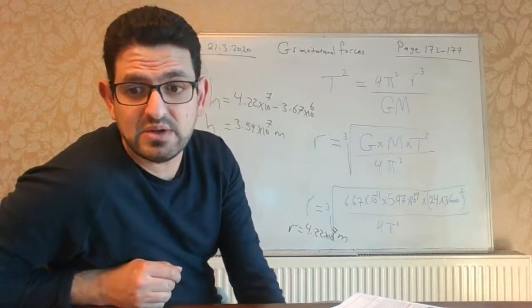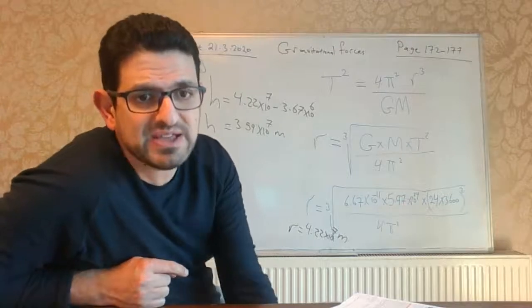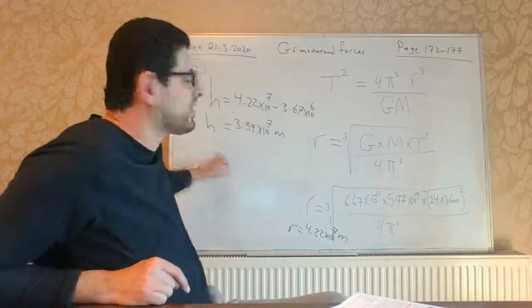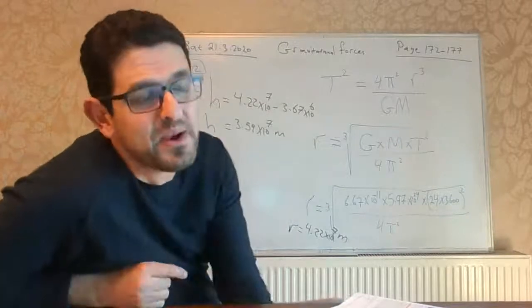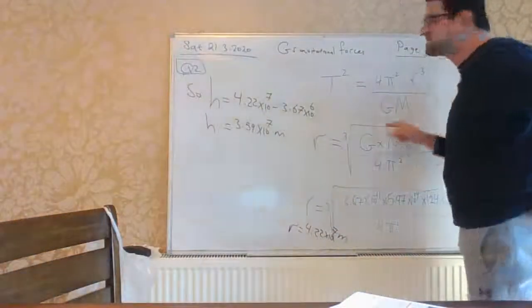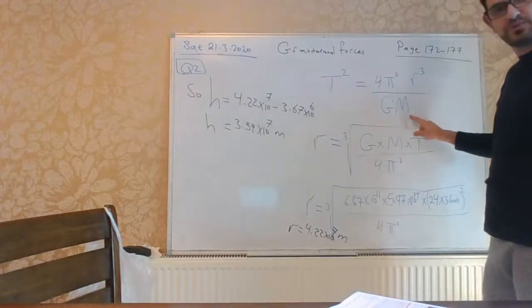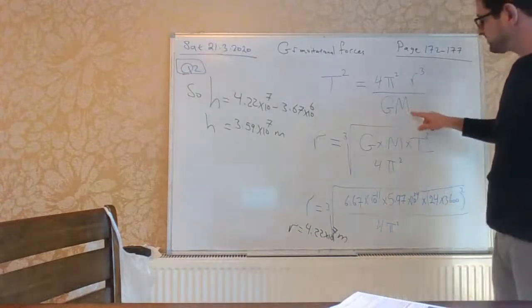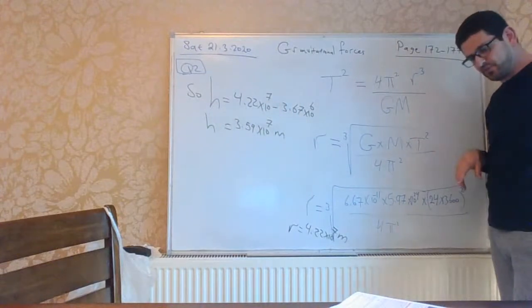Listen to me. Does this mean that all satellites, to be geostationary, have to be at this one? Yes. What about a heavier satellite or a lower mass satellite? Look at the equation. It has nothing to do with the mass of the satellite, only with the mass of Earth. So if it's orbiting the Earth, the mass of the satellite is not important.